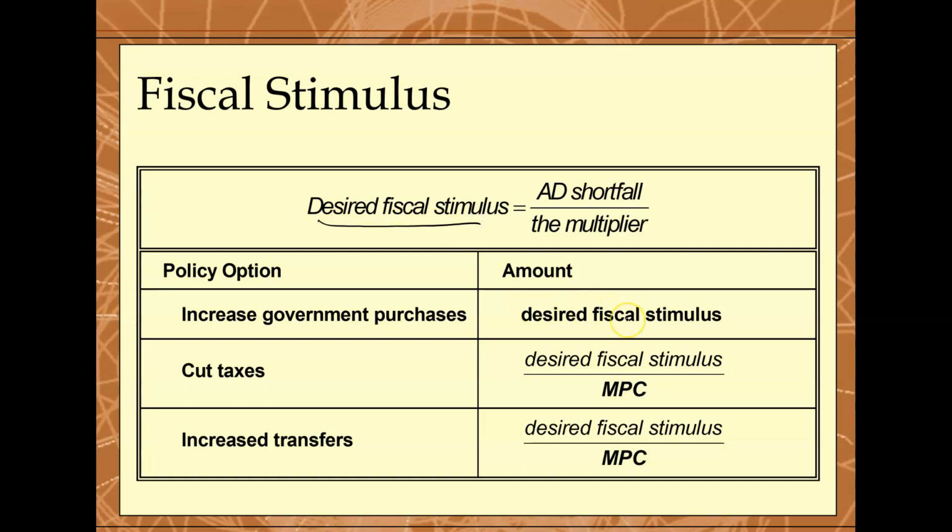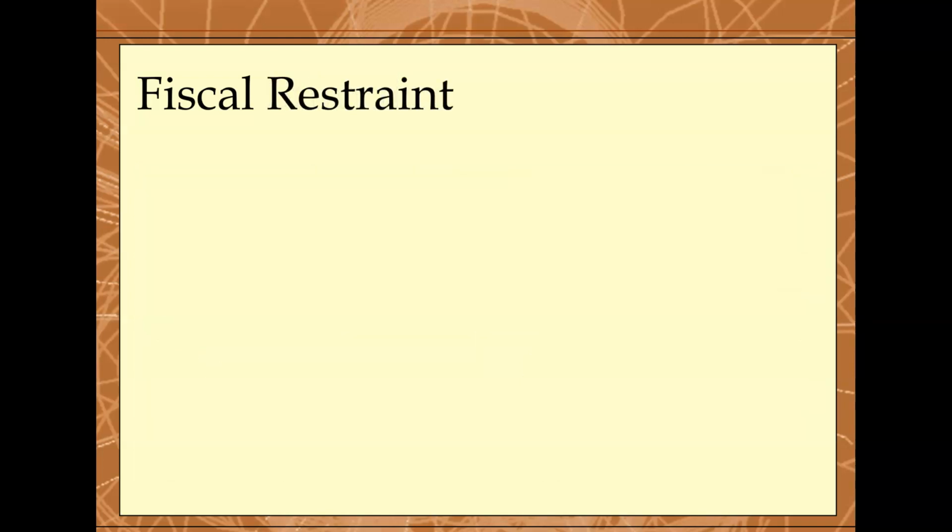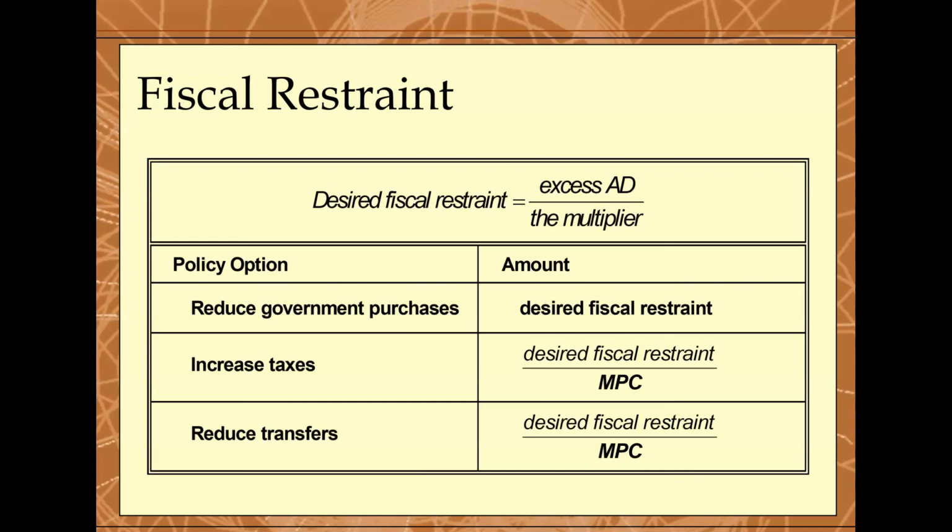You specify the amount, right? And determine what policy option to do. Do you want to increase government spending, or do you want to cut taxes? And fiscal restraint operates along the same guidelines. Which option do you want? Increase taxes or reduce government spending?